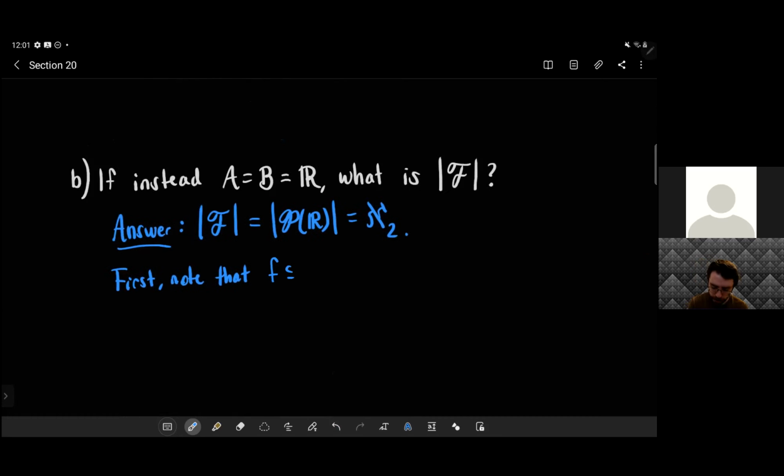Any function from the real numbers to the real numbers can be thought of as a subset of R2. You're used to drawing them as graphs in R2, so maybe that's not super surprising. It's just the collection of ordered pairs that satisfy whatever the function definition is. So yeah, it's a subset of R2.